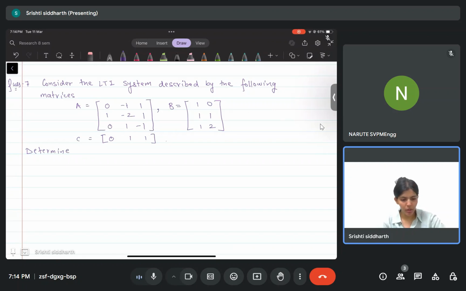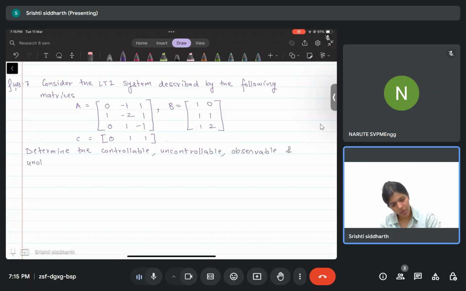So determine the controllable, uncontrollable, observable, and unobservable eigenvalues.